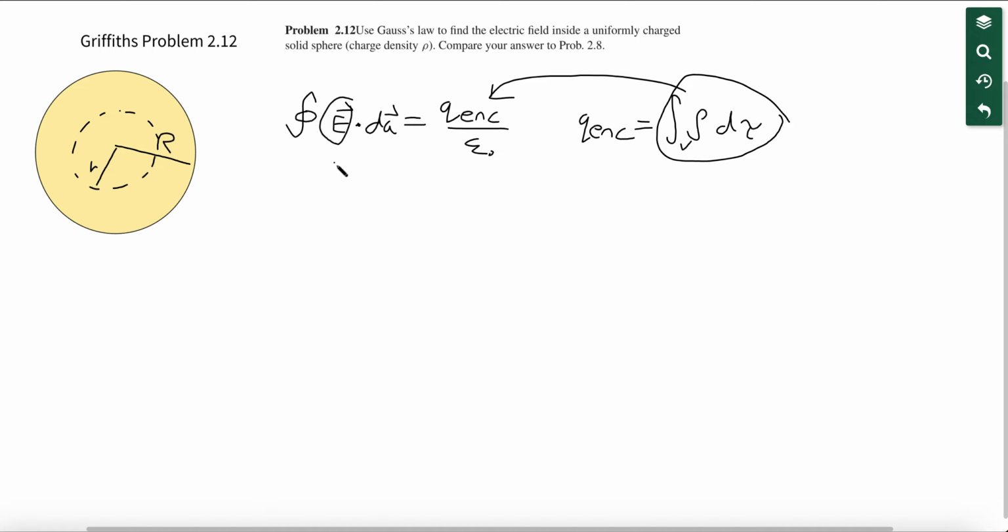The sphere we're dealing with has a uniform charge distribution, and this means that the charges are spread out the same in every direction from the center, right? Because of this, this also applies to the electric field. The electric field is also spread out the same in every direction from the center. And so here we have our electric fields.